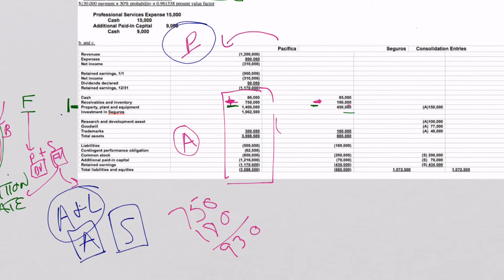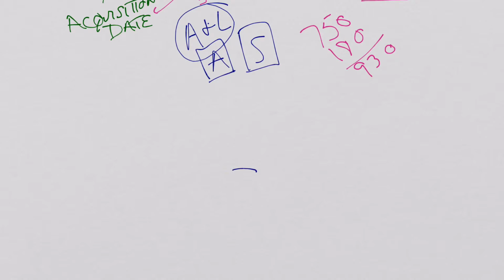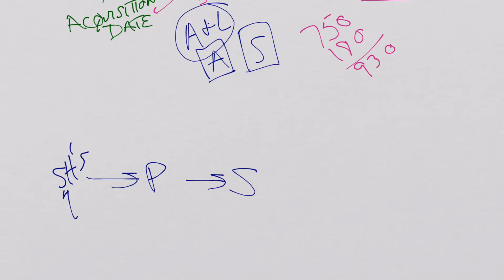Those are the readers, the shareholders of P, the parent. P owns the subsidiary, and in turn, the shareholders of P own the subsidiary. What do I mean? Let's take a look at it like this. Here's the subsidiary. It's owned by the parent, and the parent is owned by shareholders here. Let's see who they are.